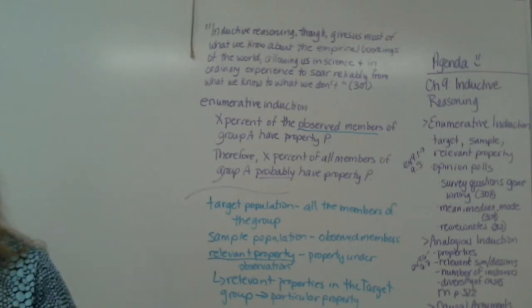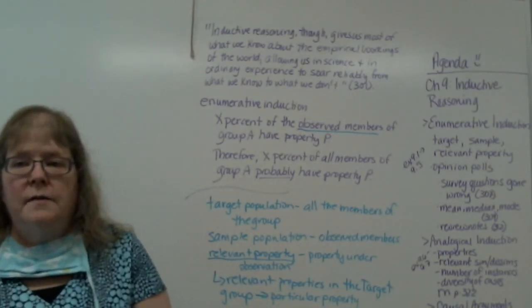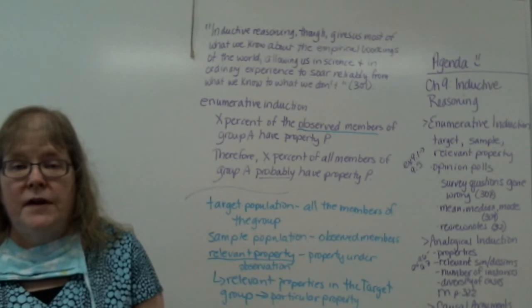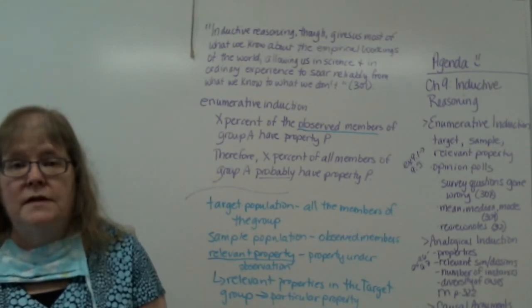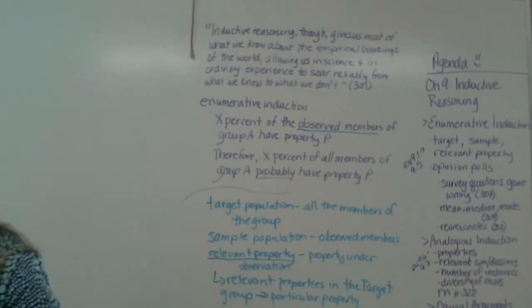Even though biologically, DNA-wise, we are all very similar, within a couple points of each other, really, emotionally, psychologically, and in all those other ways, we are all very, very different. In fact, people from the same family can be very different in their opinions and in what they do.